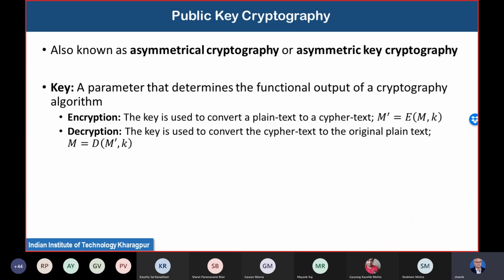We'll see that. For this purpose, public key cryptography is used. Just to give you a background, these cryptographic techniques broadly fall under two types. One is usually called symmetric key cryptography, or often called private key cryptography, where the same key is used for encrypting a document and also for decrypting a document.